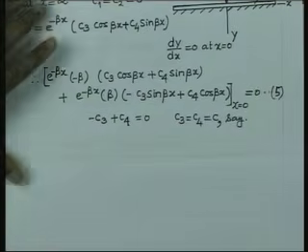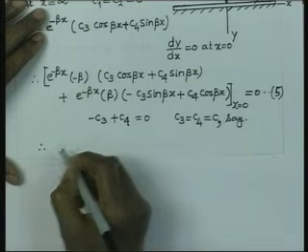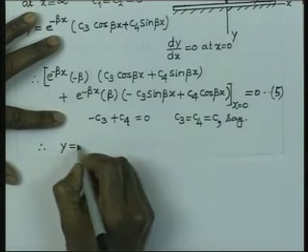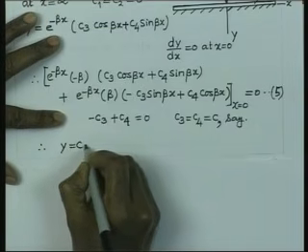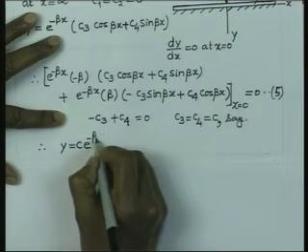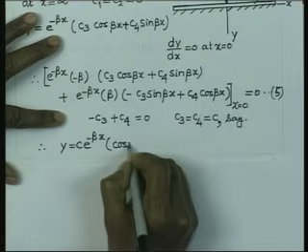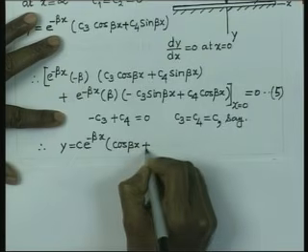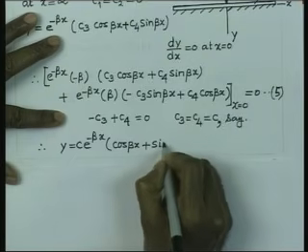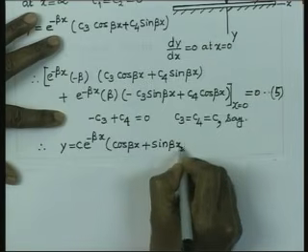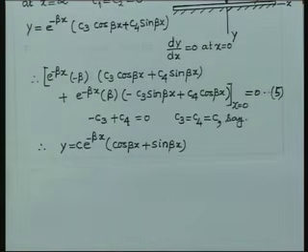So, now we have got y is equal to C e to the power minus beta x into cosine beta x plus sin beta x, that is the value of deflection.